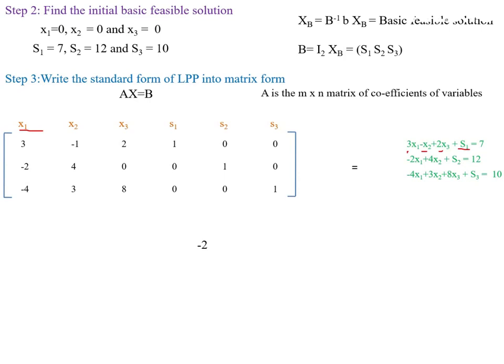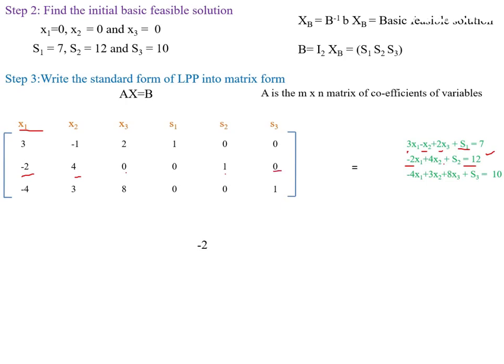Because in the first constraint there is no S2 and S3. Similarly, for the second constraint, I write all the coefficients: minus 2, 4, there is no x3 so it is 0, no S1 so 0, S2 coefficient is 1, there is no S3 so it is 0.